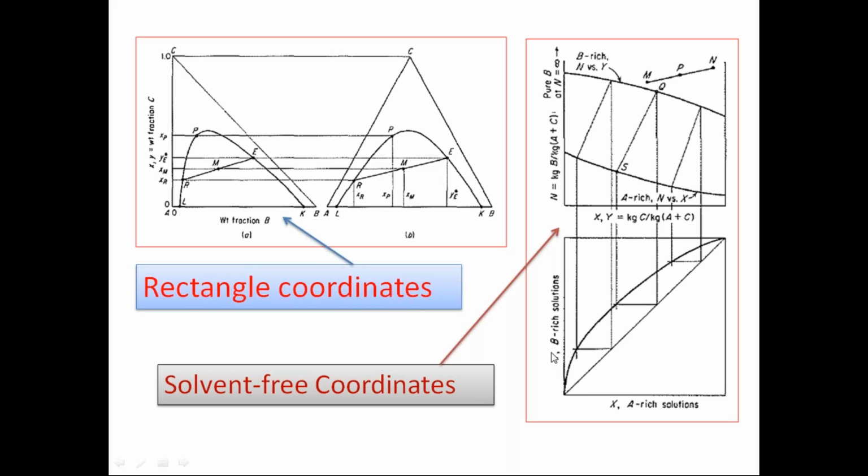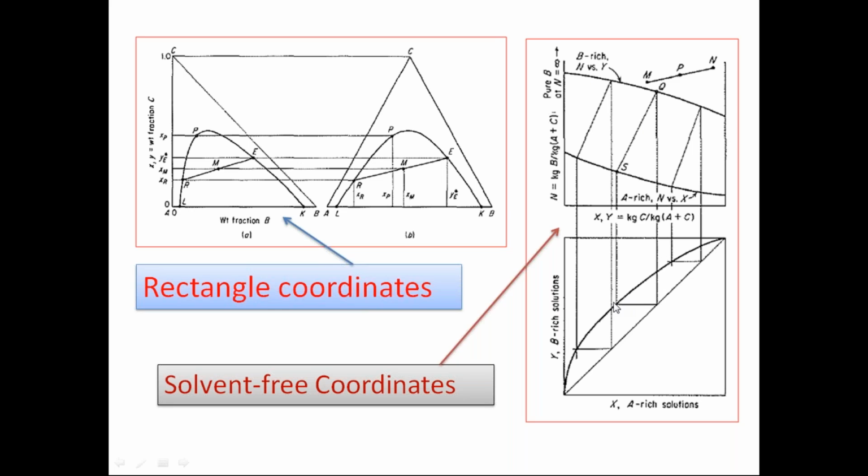How do you calculate the Y? It is the weight of the C divided by the weight of A plus C in the organic phase. The organic phase is the B-rich phase. So that gives this type of diagram. So this is the XY and N versus XY diagram. This is analogous to your HXY diagram, which has been used in the Ponchon-Savarit method.